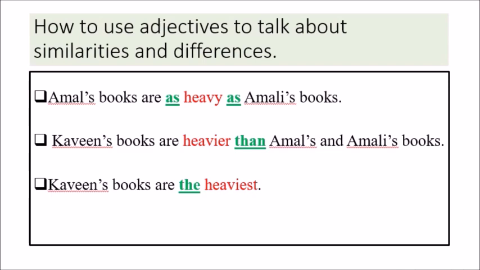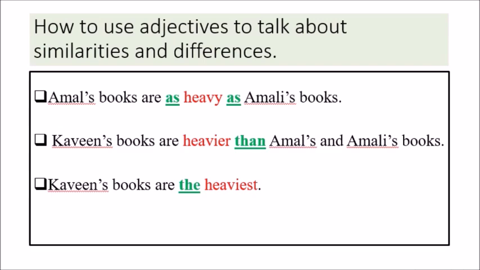Let's read the sentences again. Amal's books are as heavy as Samali's books. Kavin's books are heavier than Amal's and Amali's books. Kavin's books are the heaviest. In the first sentence, we talk about a similarity between two things.